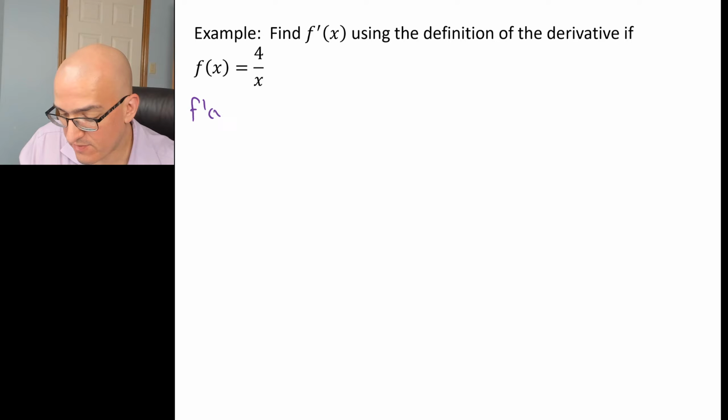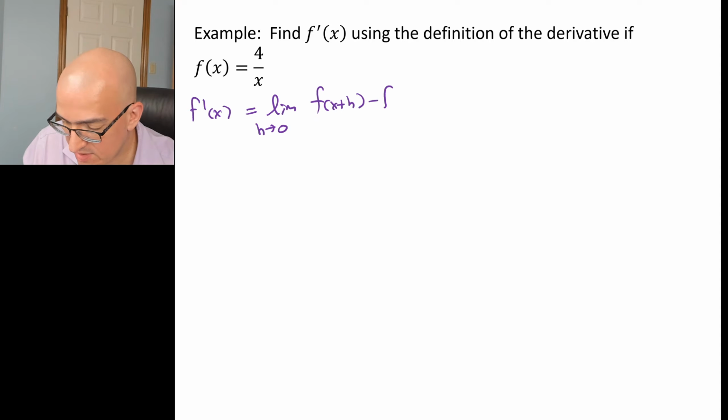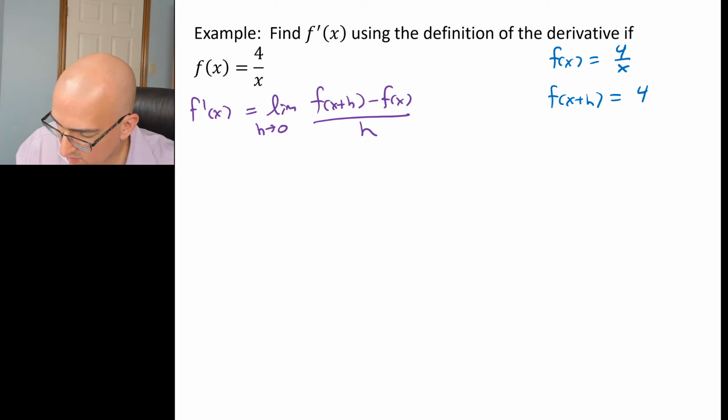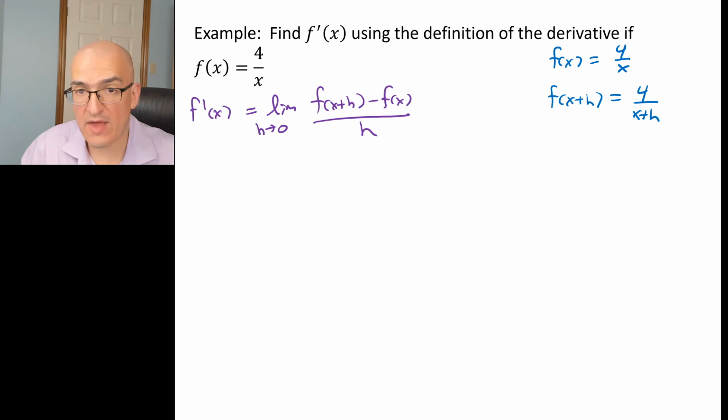The derivative is equal to the limit as h approaches 0 of f of x plus h minus f of x all over h, where f of x equals 4 over x, and f of x plus h is equal to 4 over x plus h. By the way, that's not equal to 4 over x plus 4 over h. That's not true. You can do an experiment. Check that if you don't believe me.